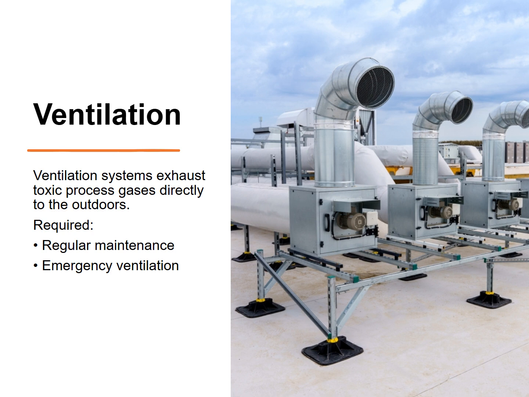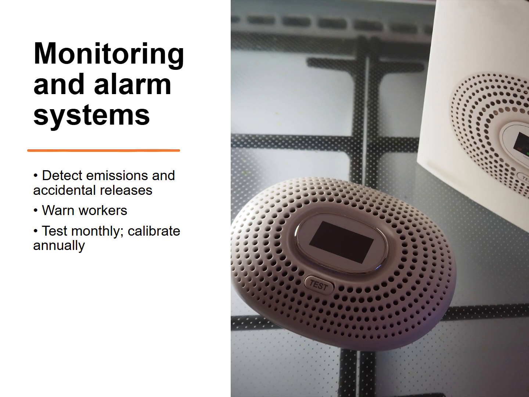Ventilation systems are installed to exhaust toxic process gases directly to the outdoors. Regular maintenance is done to ensure proper operation and good working condition. Emergency ventilation capability should be available in the event of an accidental release. Continuous monitoring systems are installed to detect emissions and accidental releases.